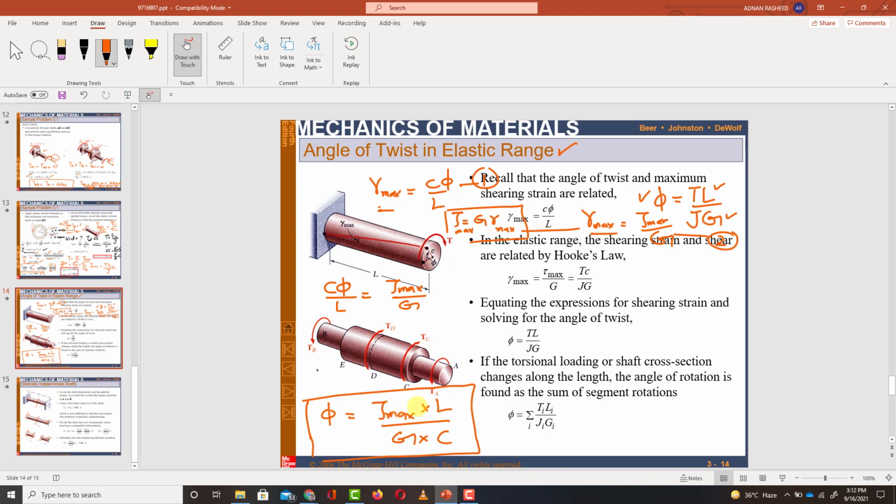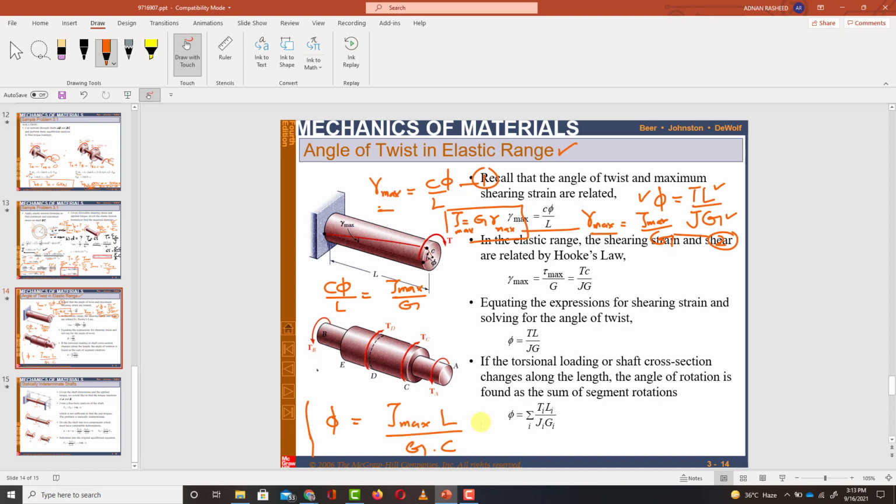No, there is a mistake. Again, this gamma is equal to tau max over G. Okay, we will see what is the difference. Okay, this was correct, okay. So this phi will be equal to tau max into L over G into C.